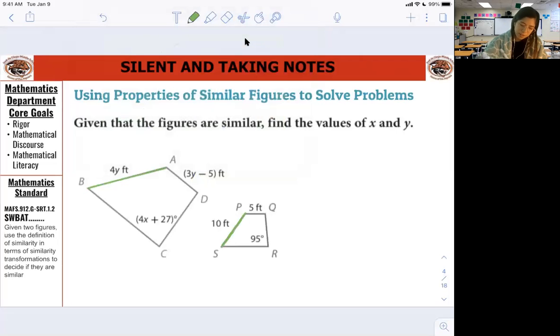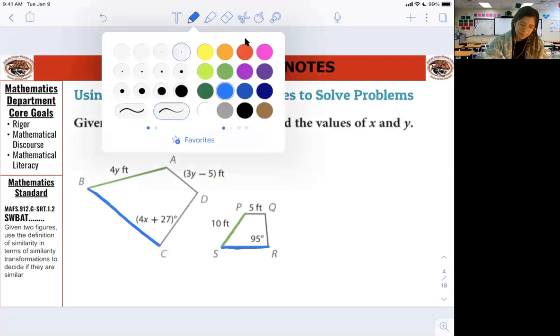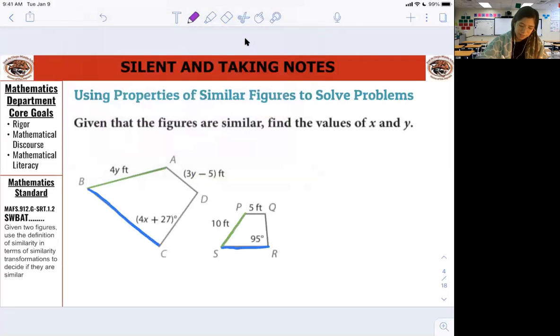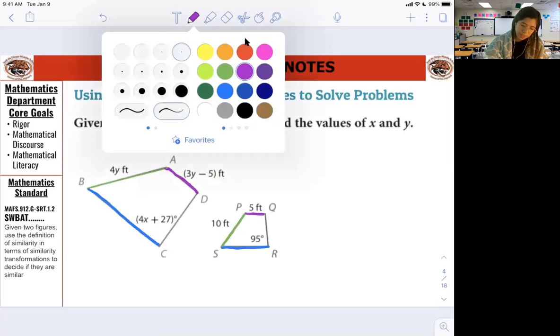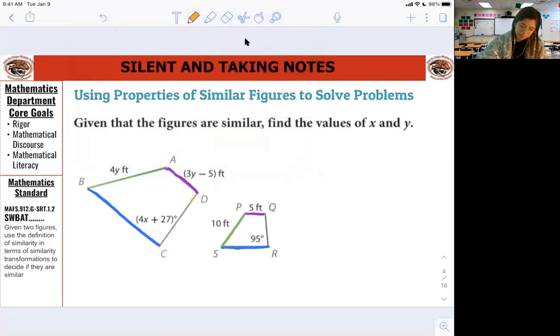What is the corresponding side for BC? SR. What is the corresponding side for AD? PQ. And then DC? QR. Okay. That's done.